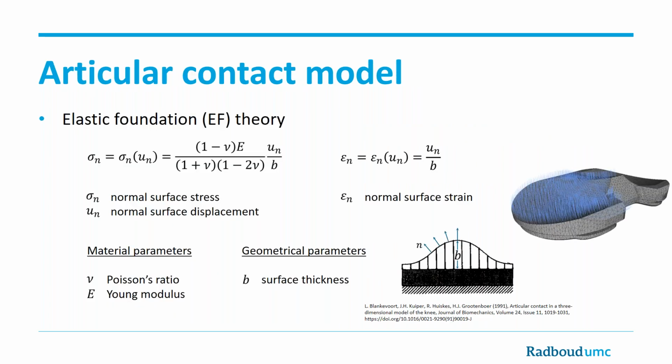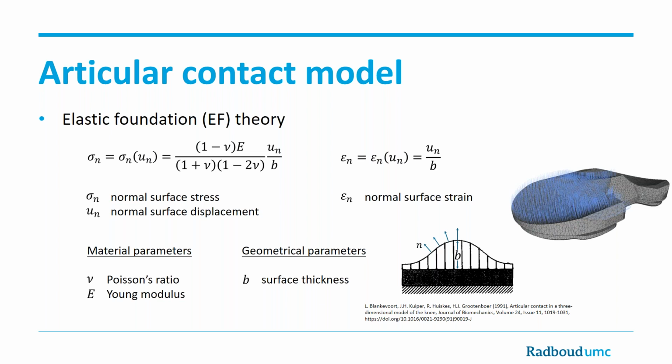Because we are more interested in calculating pressures in the patellofemoral cartilage and the distribution over the surface, we actually want to calculate stresses and strain all over the surface. For that reason, we implemented a new contact model within the AnyBody model, which is based on the elastic foundation theory.